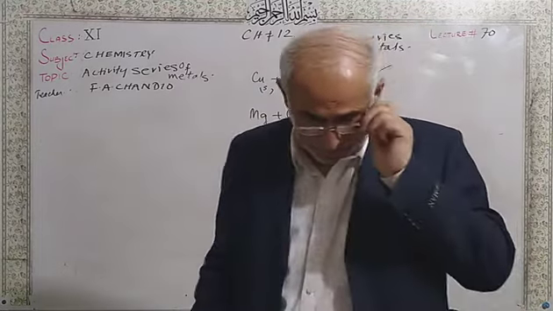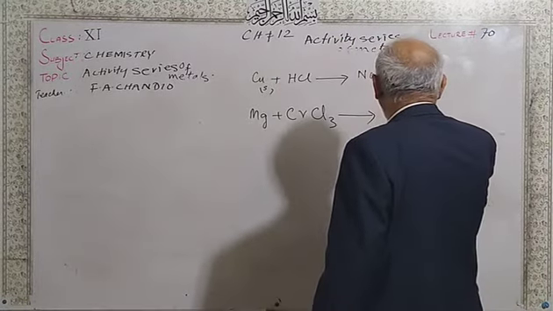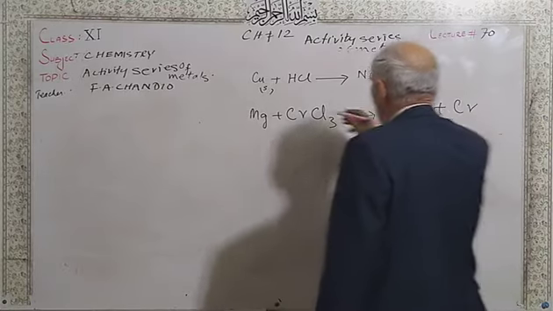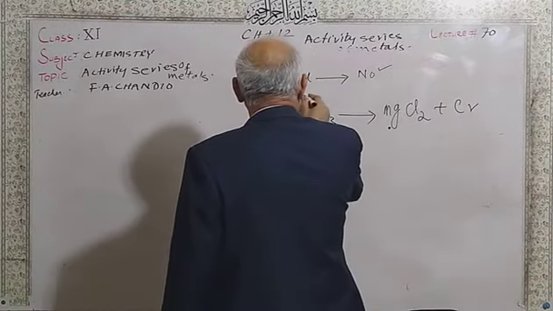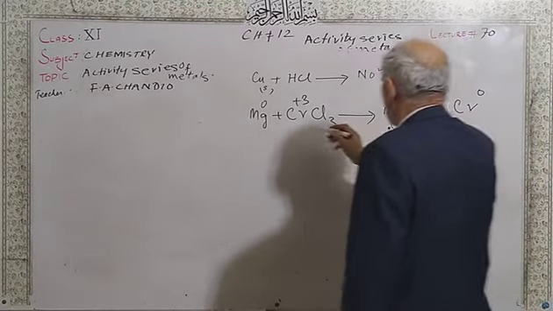Yes, magnesium is more active than chromium. That's why you will get magnesium chloride and chromium. So chromium is going to be reduced and magnesium is going to be oxidized.